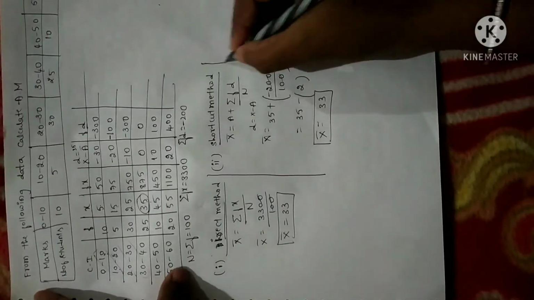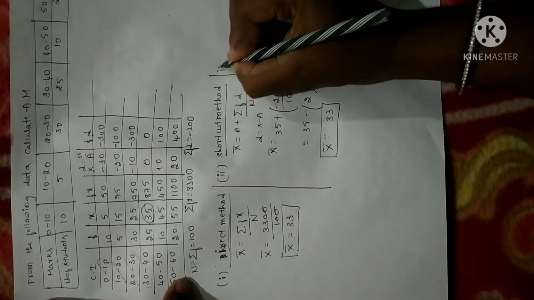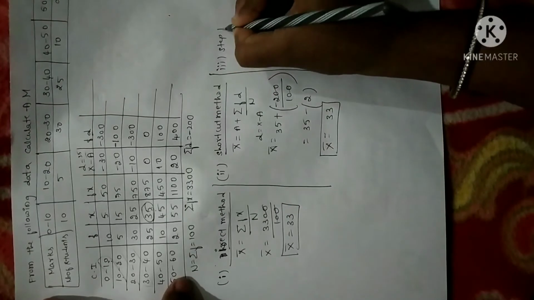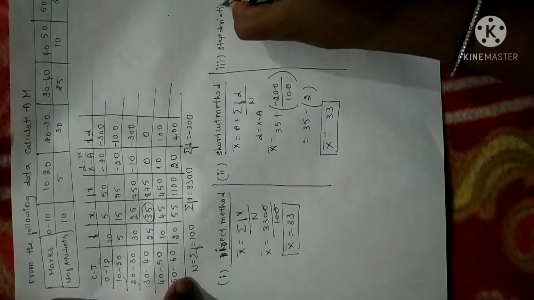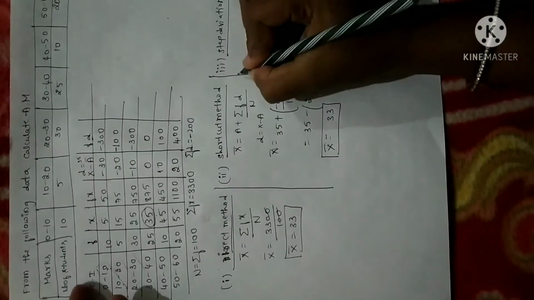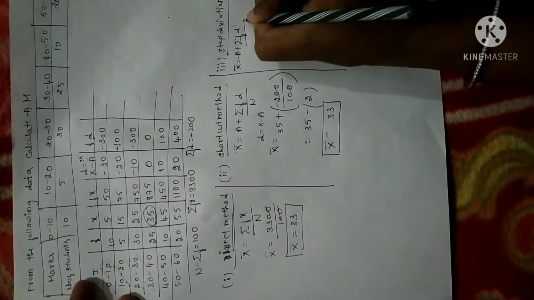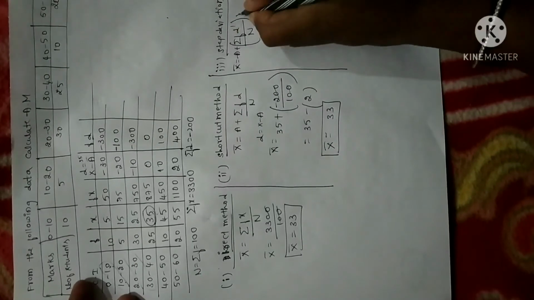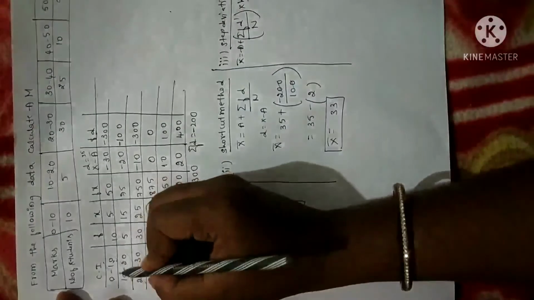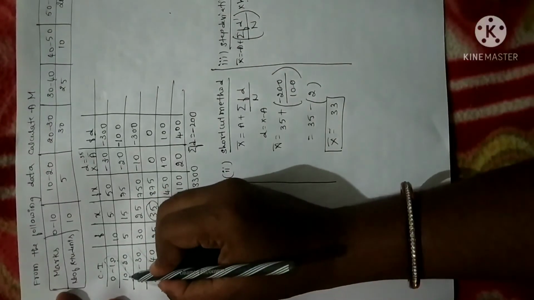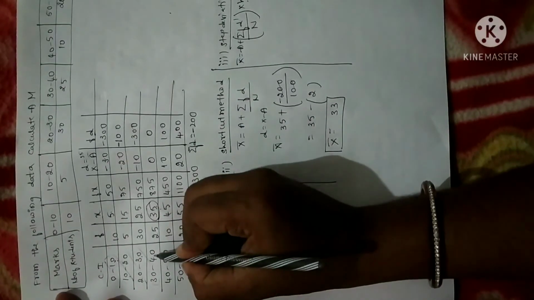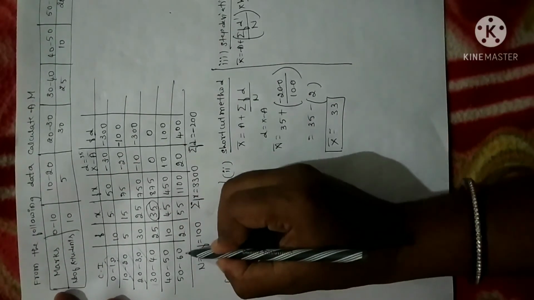Now let me do it by the third method, step deviation. So let me write the formula for step deviation. It is given by x bar is equal to a plus sigma fd dash divided by n, into h, where h is the class difference. 10 minus 0 is 10, 20 minus 10, 10, 30 minus 20, 10, 40 minus 30, 10, 50 minus 40, 10, 60 minus 50, 10.